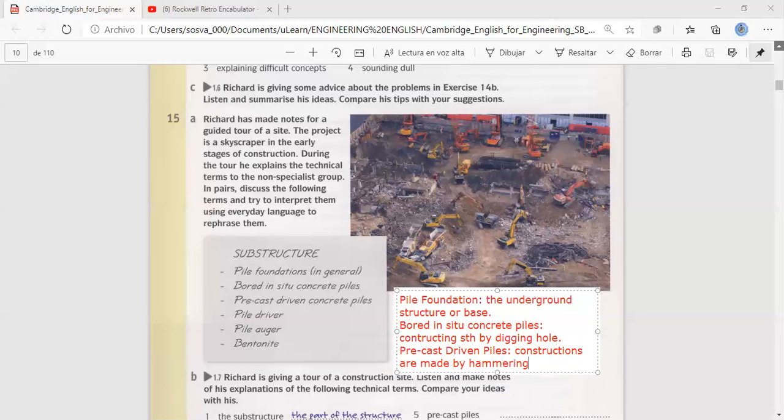I mean, using a machine that seems like a big hammer, hammering the piles into the soil.